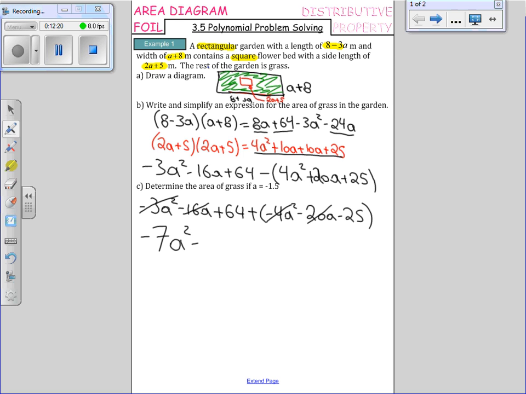And what do you have for a constant? 64 minus 25. Positive 39. What does this answer represent? The area of the grass. Yeah, the area of the grass. So it's the remaining area of our picture, the green area.